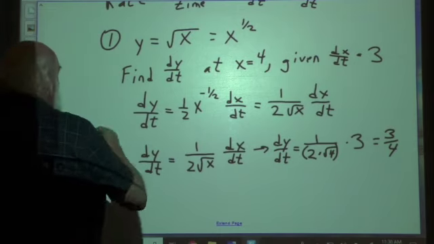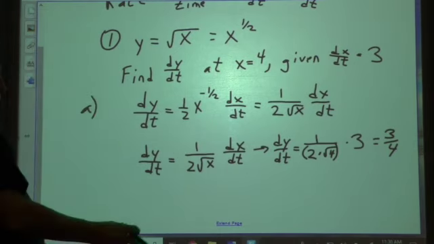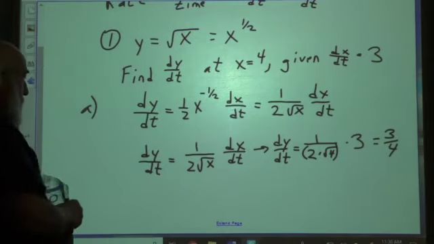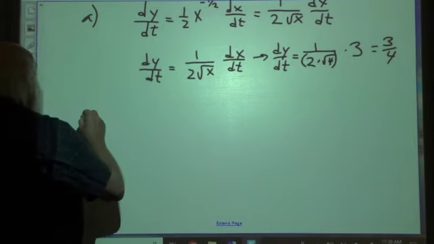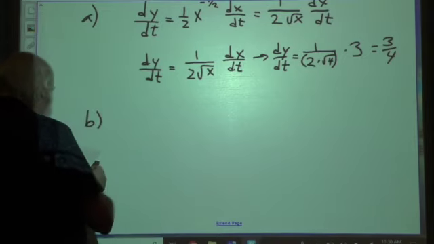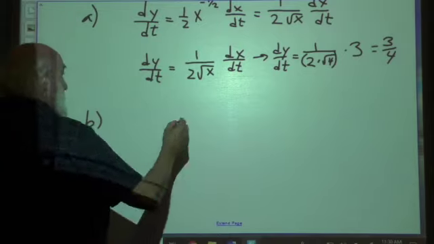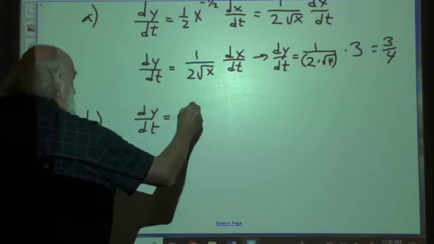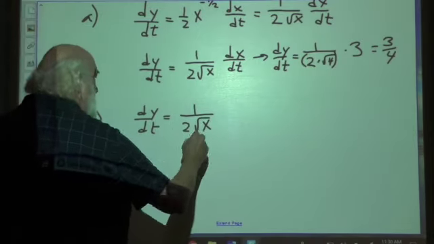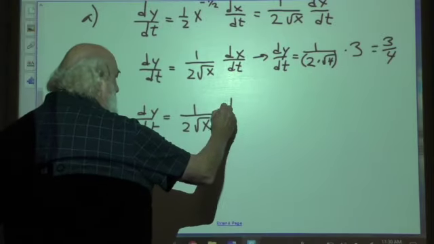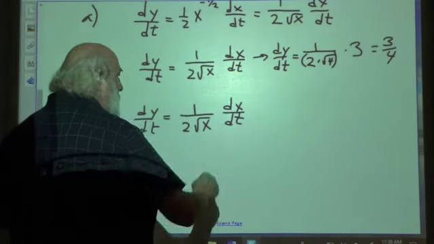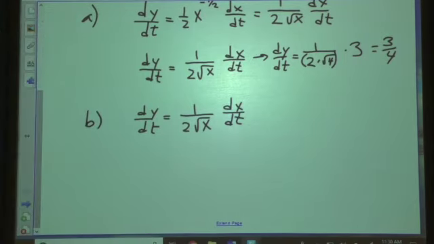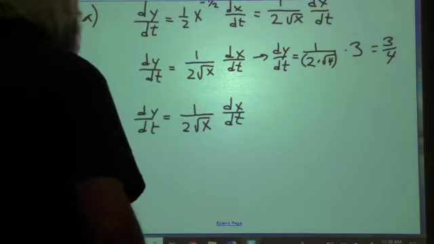Now that's actually part A. The whole thing's all part A. There's a part B where they want us to find dx/dt given other values. We're going to have the same expression: dy/dt equals 1 over 2 square root of x times dx/dt.